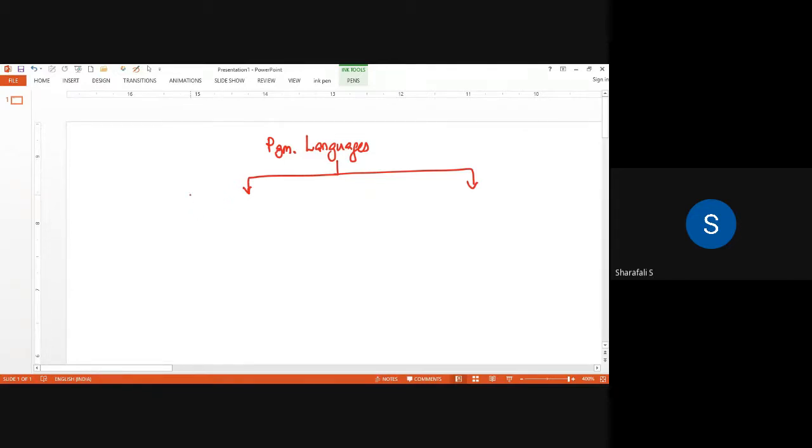One is low level language, and the other one is high level language.